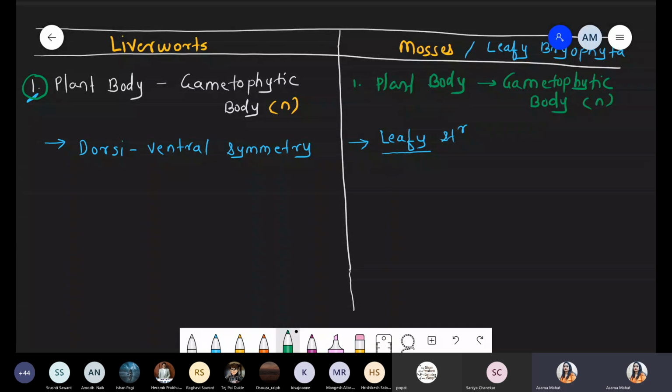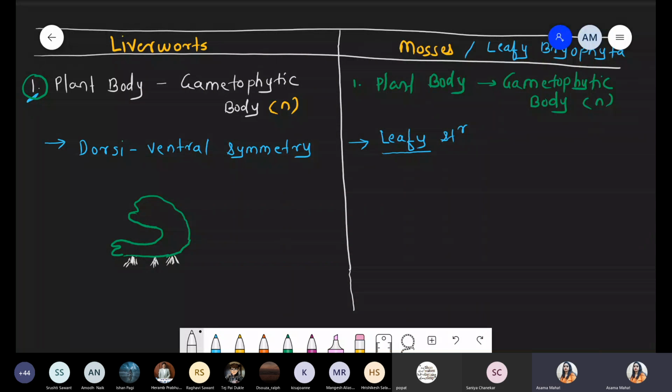What is the meaning of dorsiventral? At the base there is a small outgrowth.